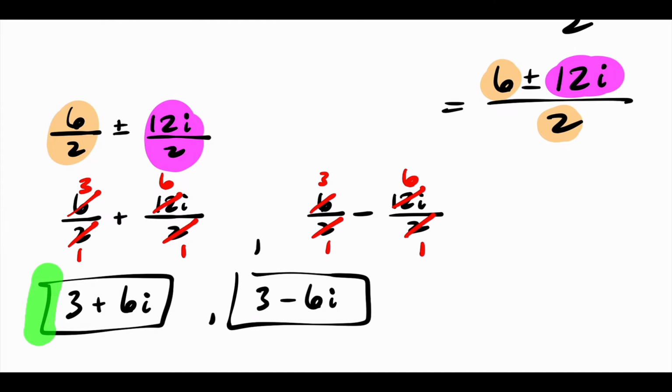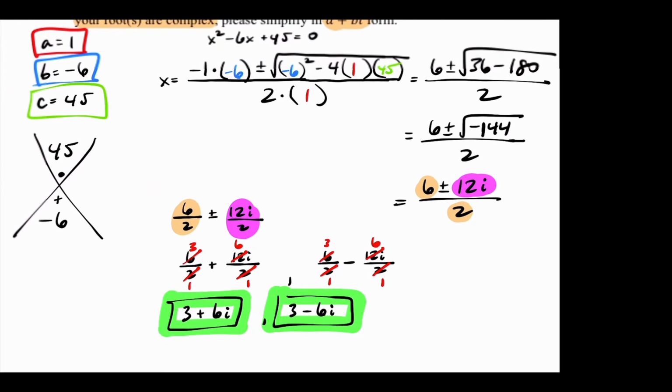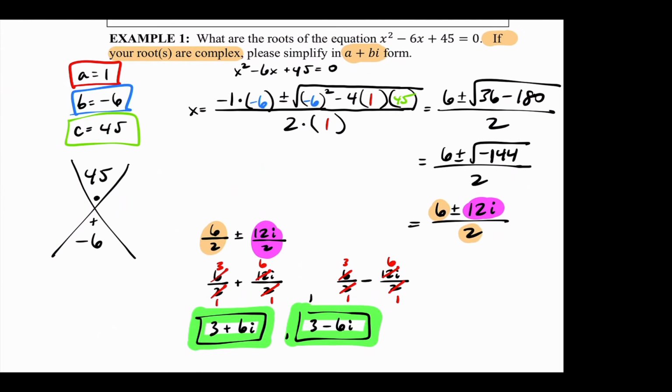Two separate answers, two boxes on Delta Math. Just like that, you're done. Both answers have a real part, 3, and an imaginary part. One has a positive 6i, one has a negative 6i. Those are the roots.